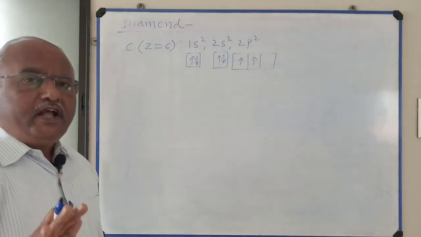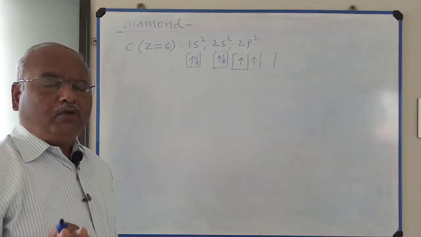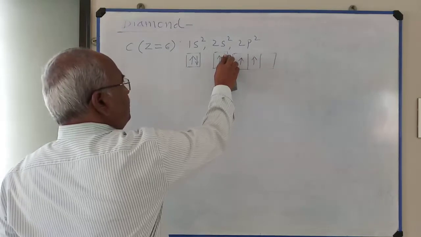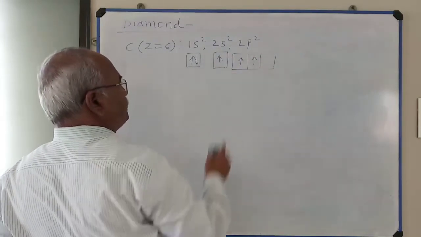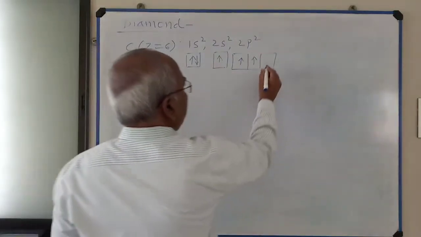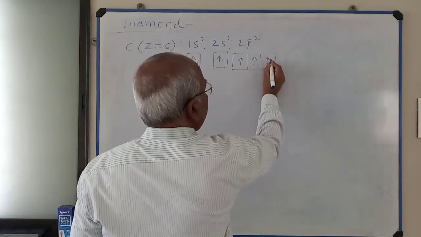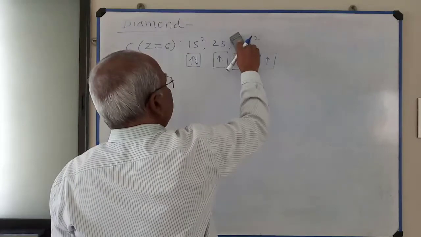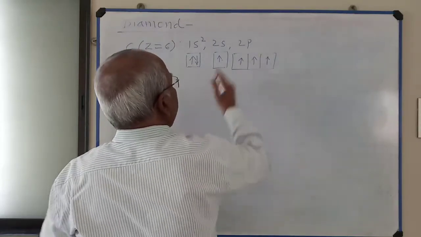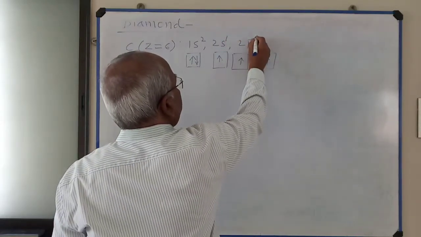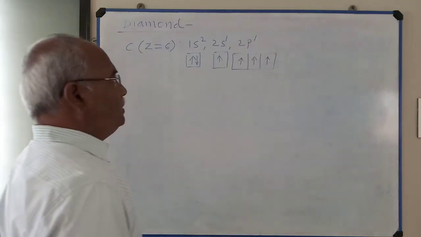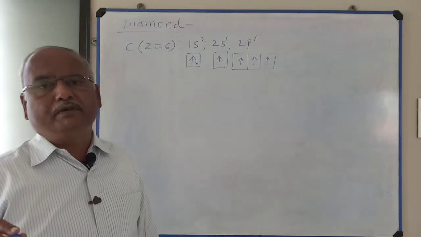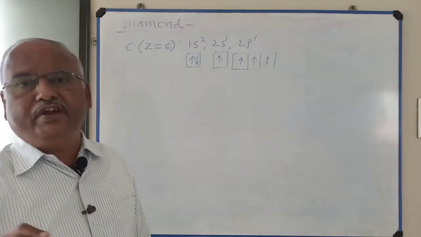Now you see, at the time of bond formation, one electron from the 2s orbital is promoted to a vacant 2p orbital, and the electronic configuration becomes 1s2, 2s1, 2p3. This is the electronic configuration of carbon in the excited state.